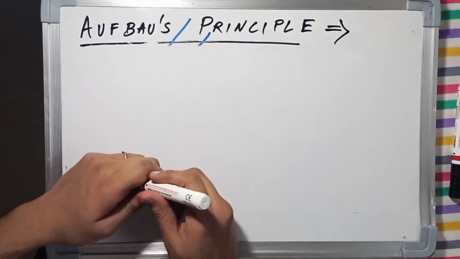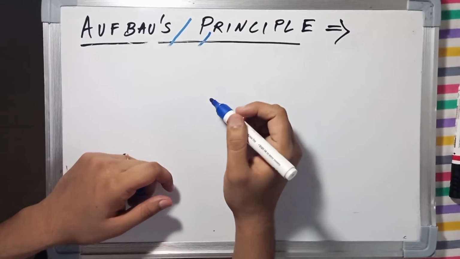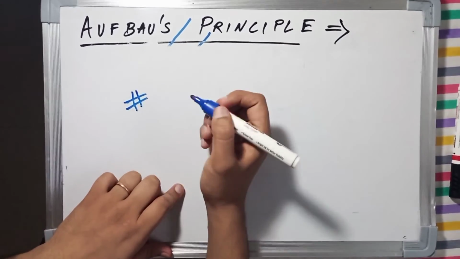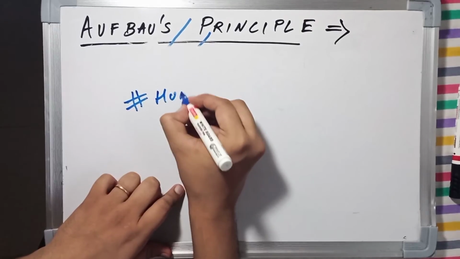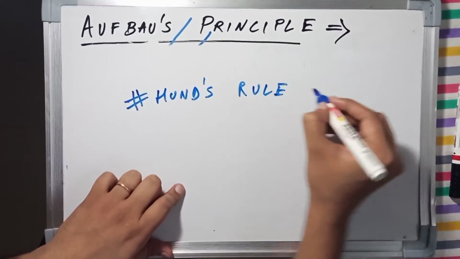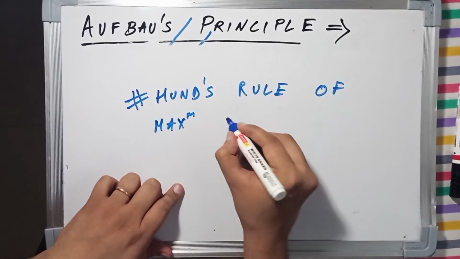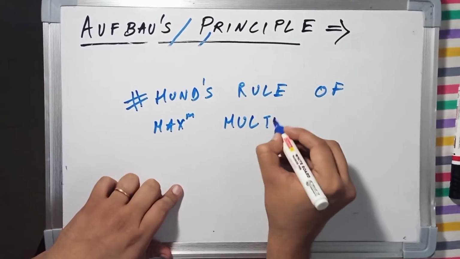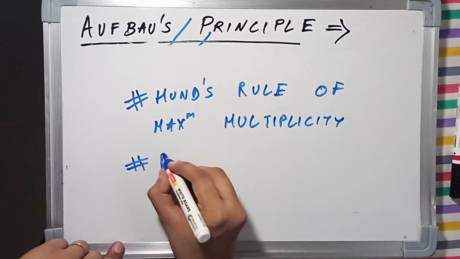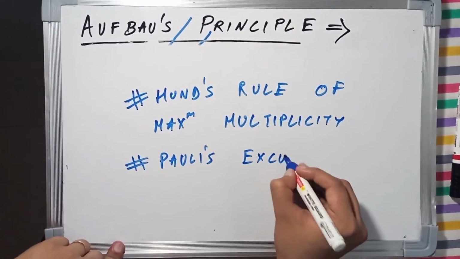I'll also be posting 2 more videos in succession to Aufbau's principle. One will be about Hund's rule of maximum multiplicity, and one will be Pauli's exclusion principle.